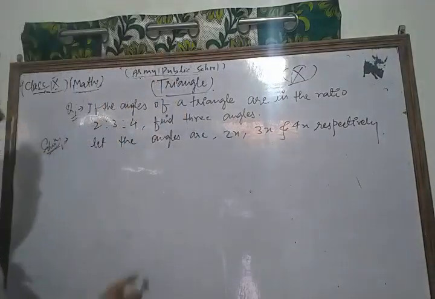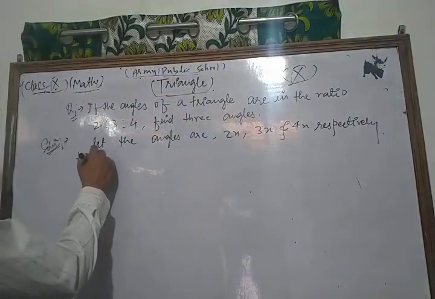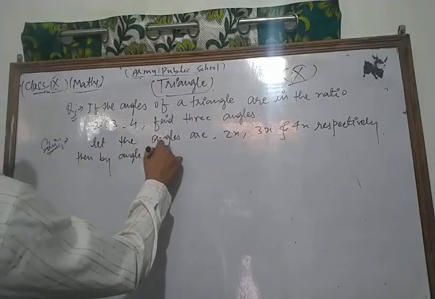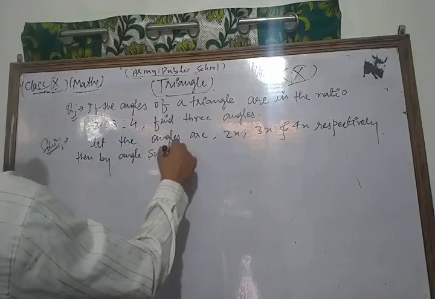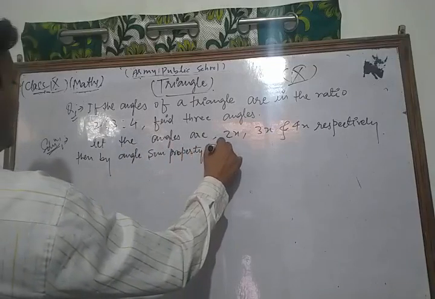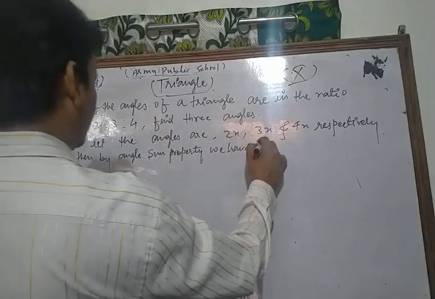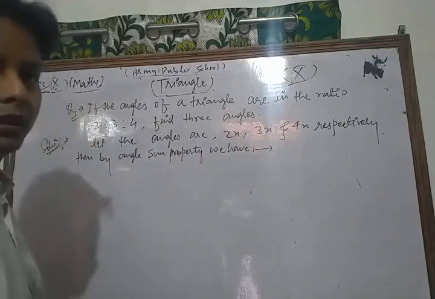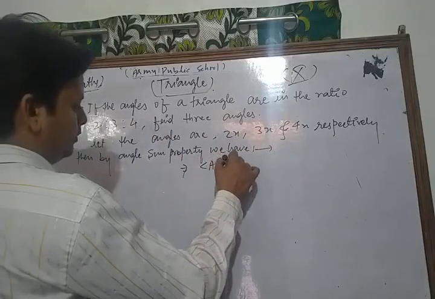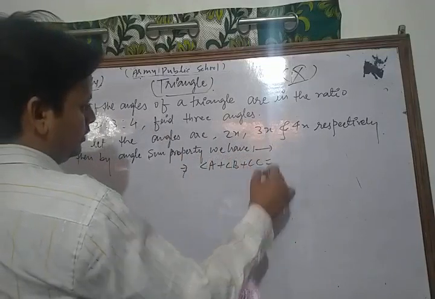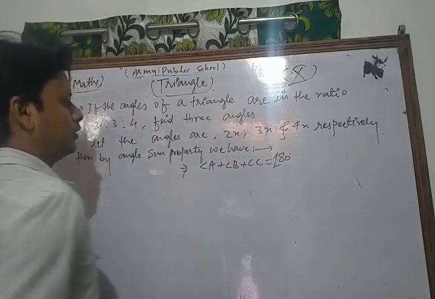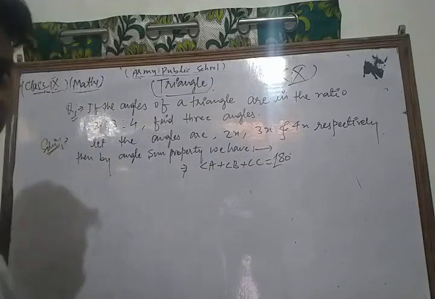Then by angle sum property we have angle A plus angle B plus angle C is equal to 180 degrees.